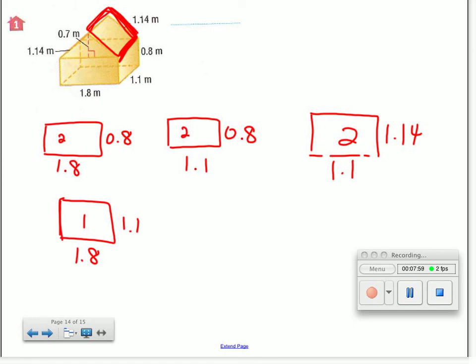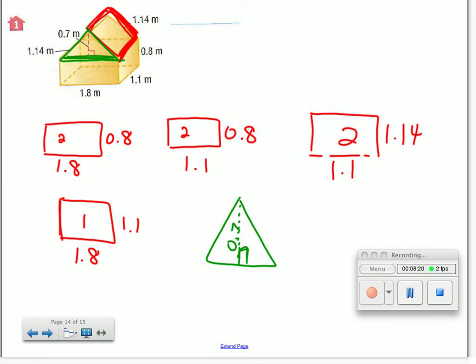The last one that we want to talk about is this triangle. Let's draw the triangle. What is the height? Remember, the height is the perpendicular line. Yep, 0.7. And then what is the base of this triangle?